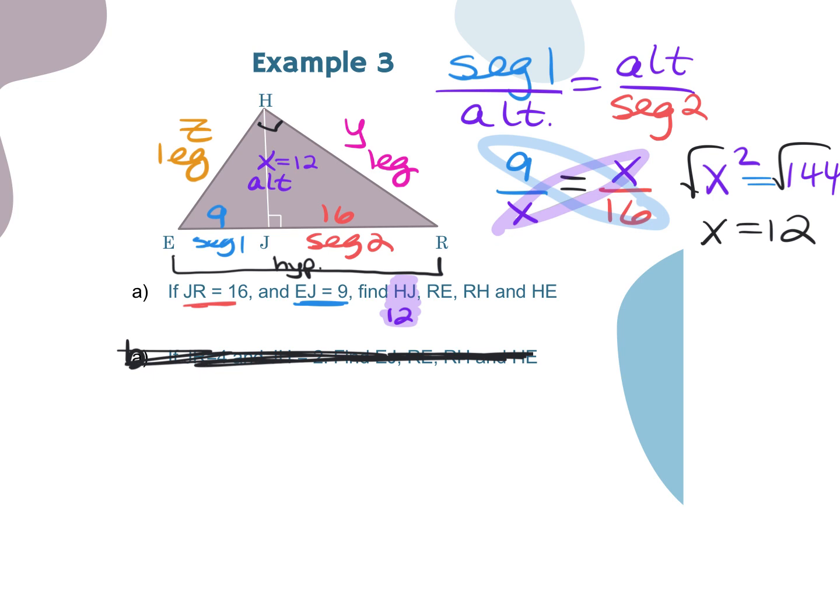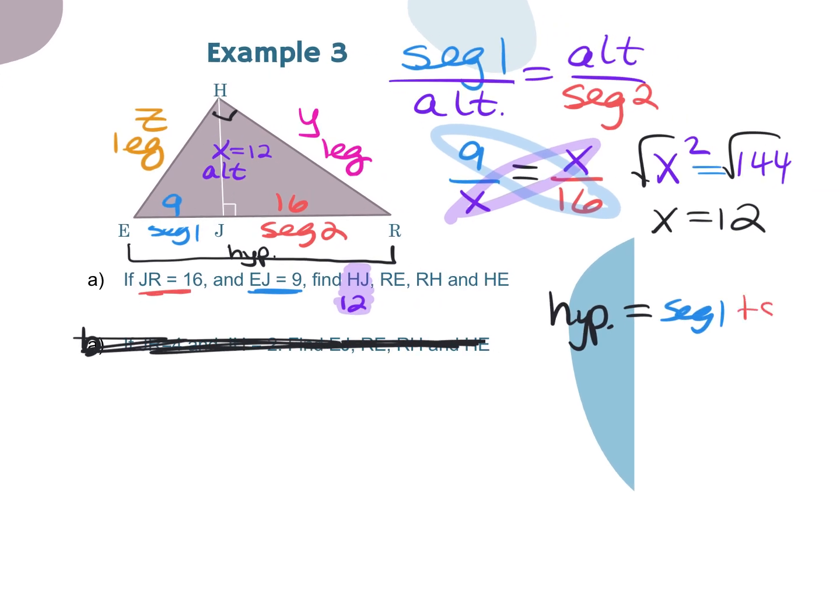So to get the length of the hypotenuse, all I have to do is add segment 1 plus segment 2. So my hypotenuse is equal to 9 plus 16, and that gives me 25. So the length of my hypotenuse, which is RE, is 25.